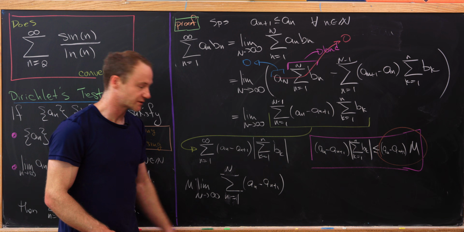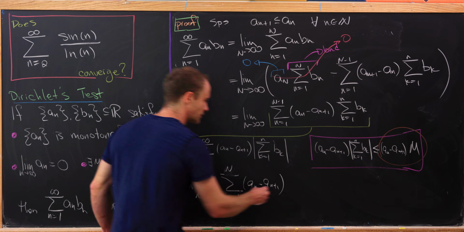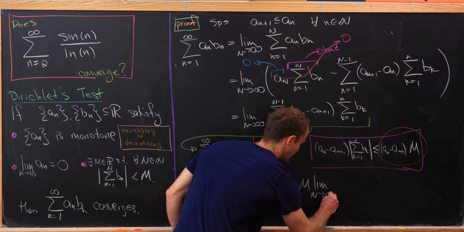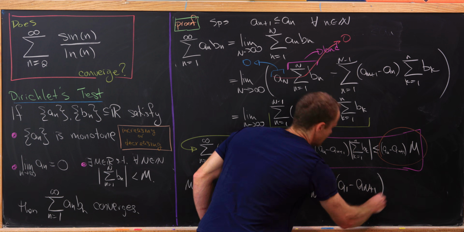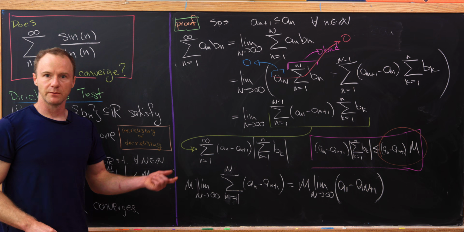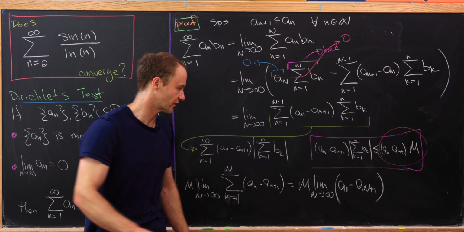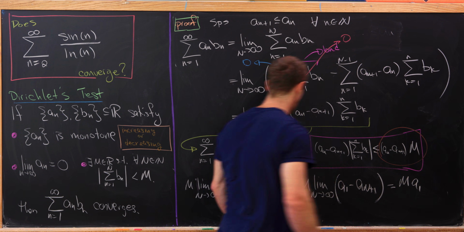And the only a_{n+1} term that won't be obliterated by the a_n term is the last. So in fact, we can write this as M times the limit of capital N going to infinity of a_1 minus a_{N+1}. But now that a_{N+1} term goes to 0 by our assumption over here. So this limit is M times a_1.